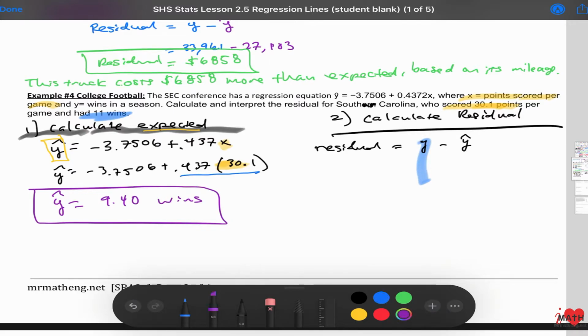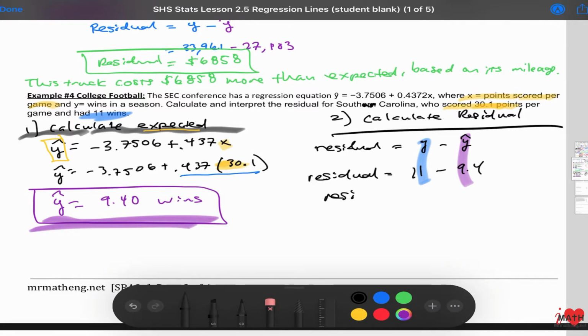And then the predicted is here. Let's put that in. So residual is 11 minus 9.4. So our residual, is it a plus or minus? It is a plus. 1.6 wins.